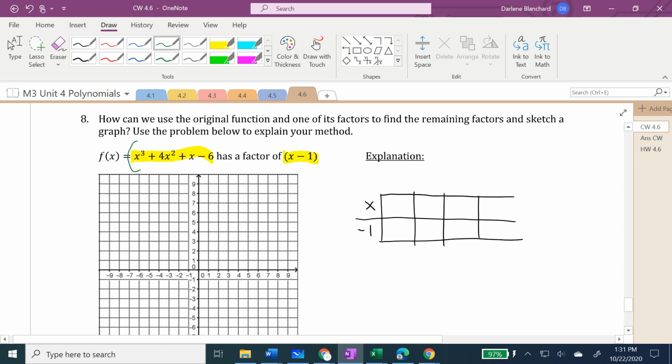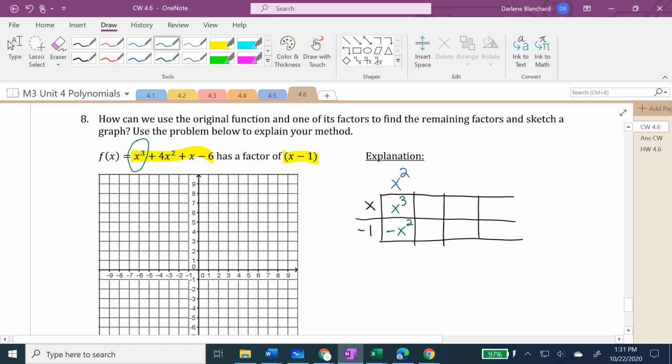The division begins with taking what is being divided, put its largest degree term in the upper left corner of the interior box. Then ask yourself, what do I multiply x by to get x cubed? And then you can multiply x squared with negative 1 to find out what's in this box.